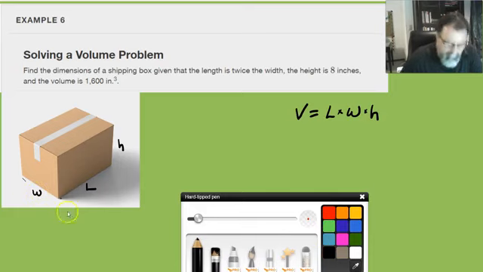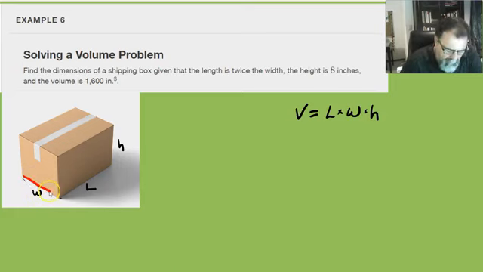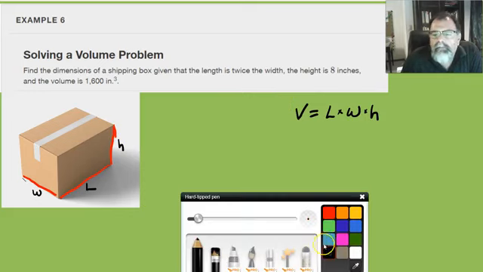So basically, this edge, that's the width. And then this will be our length. And then our height. Okay, so length, width, and height. What are we given here?